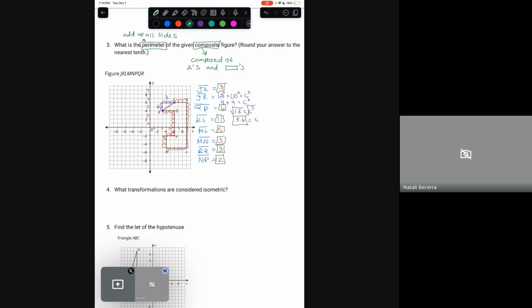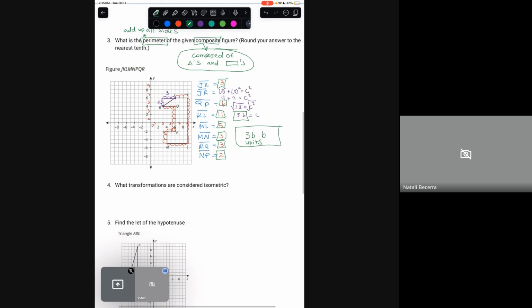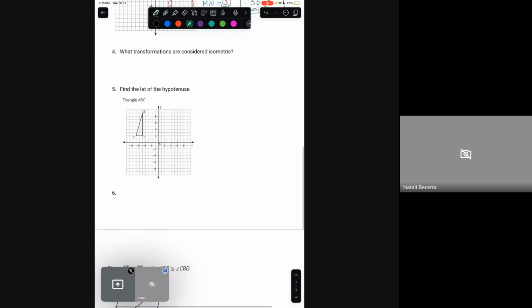So we didn't even have to break up the shape into triangles and rectangles because we're just counting around it, right? Okay, so let me go ahead and do that. 3 plus 6 plus 11 plus 5 plus 3 plus 3 plus 2 plus 3.6. So whenever you do that, you get 36.6 units. Okay? All right, moving on.